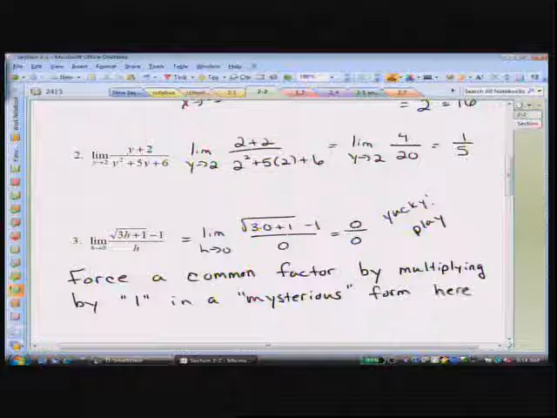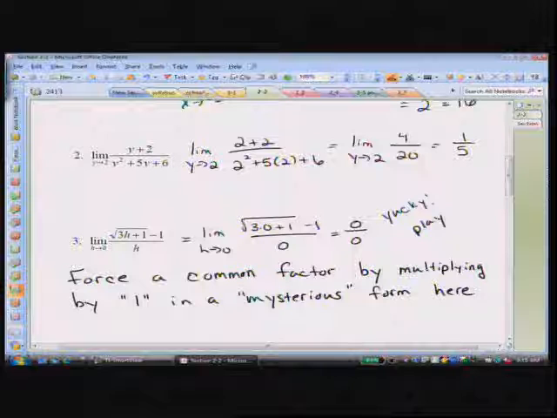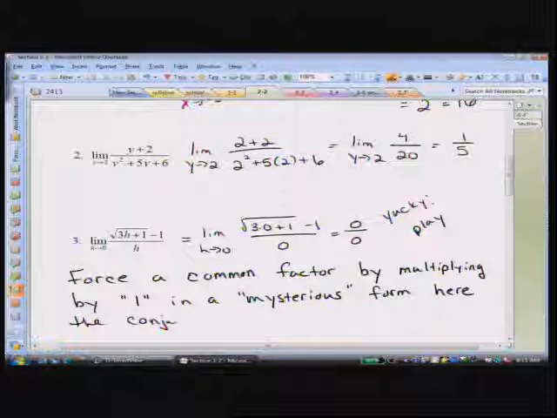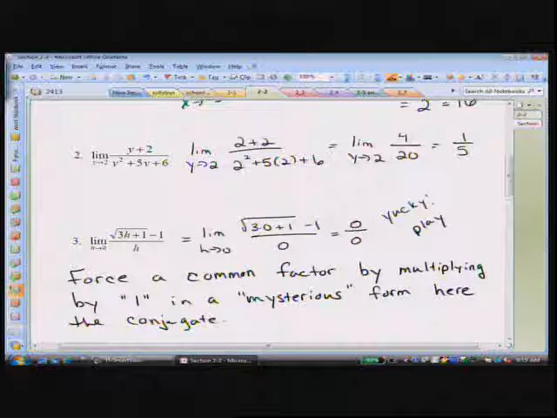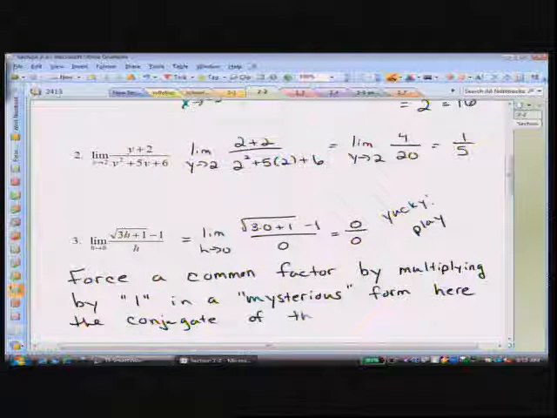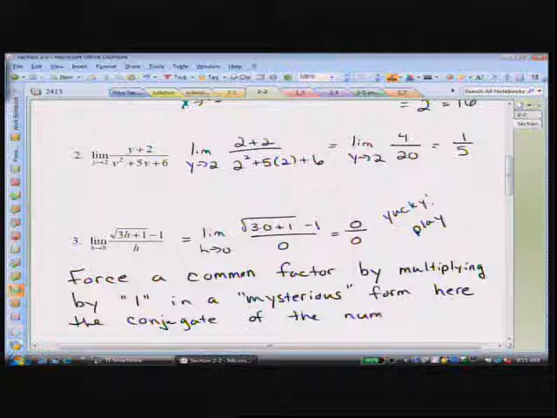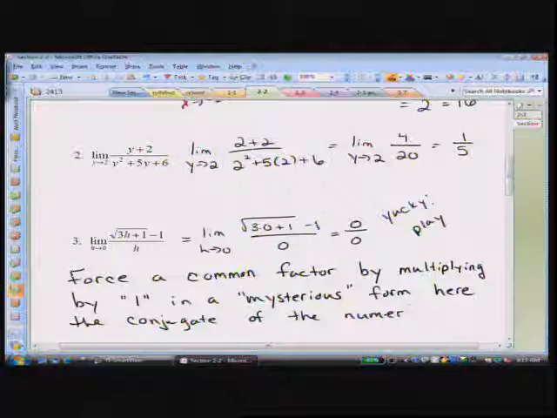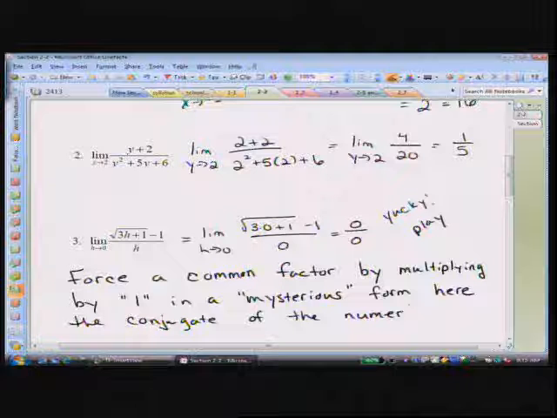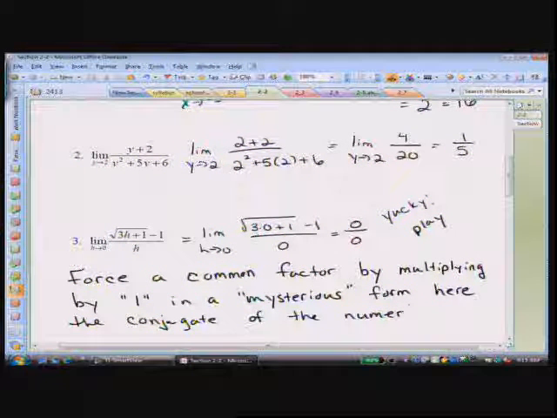Here, it's going to be the conjugate of the numerator. You may remember this from rationalizing radical expressions in college algebra when you didn't want to have the radical in the denominator, so you would multiply top and bottom by whatever it was.